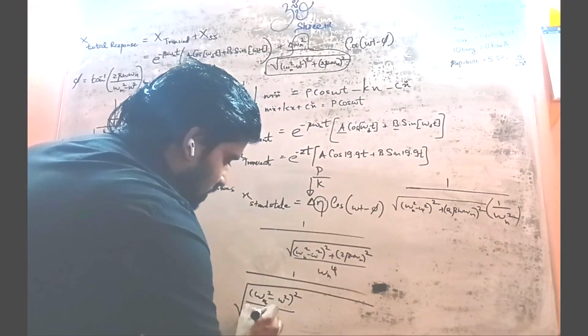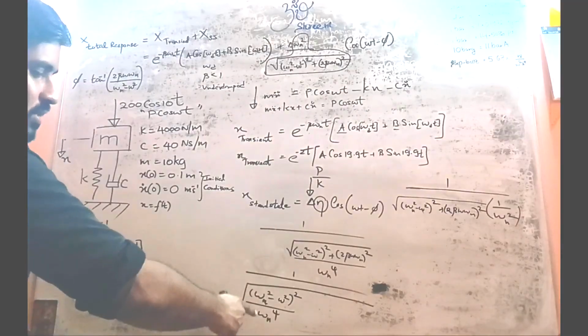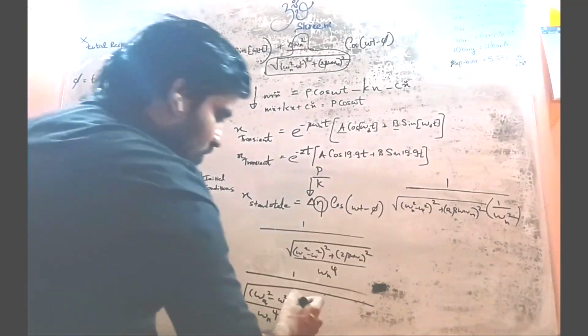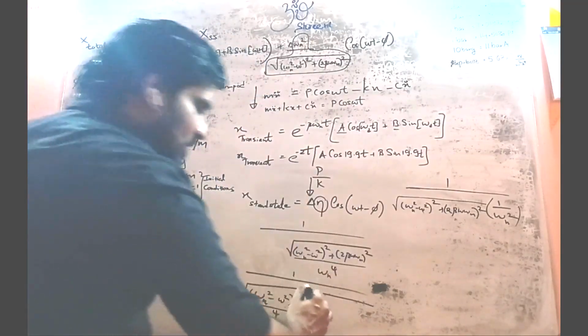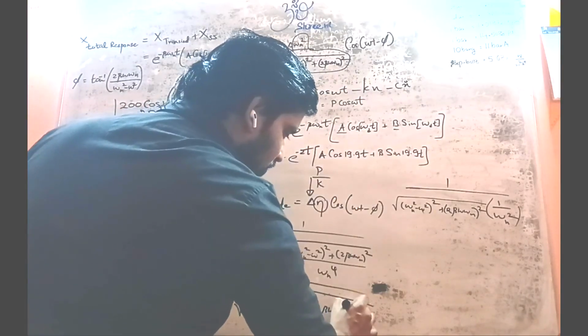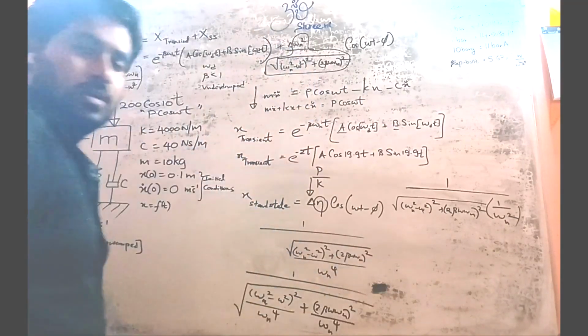We have omega n squared minus omega squared whole squared divided by omega n to the power 4, plus, we can separate this, 2 beta omega omega n whole squared.